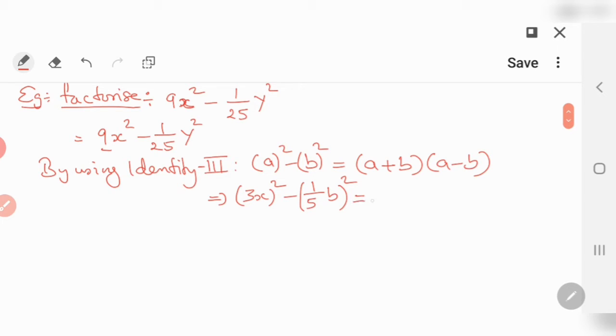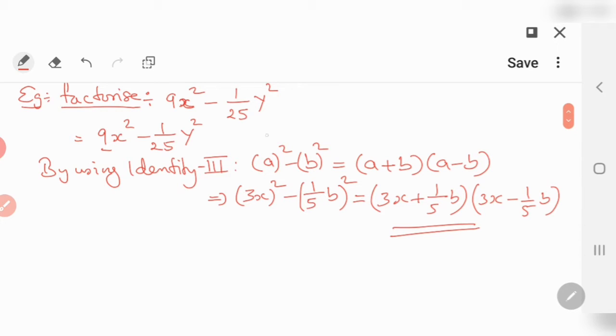So what will we get here? We'll get the answer as a plus b. So in the place of a you write 3x plus, what is b? 1 by 5y, and a minus b you write, that is 3x minus 1 by 5y. So this will be your answer.